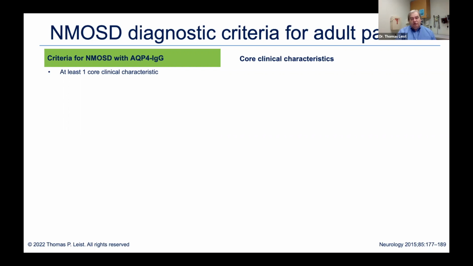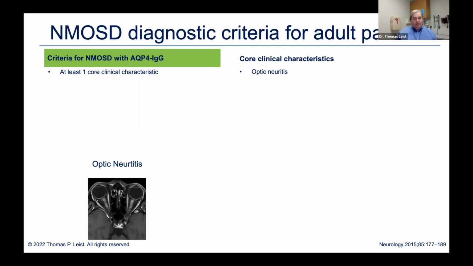As I already mentioned, but I want to show it to you in MRI pictures, the clinical core characteristics are optic neuritis, so when somebody loses vision because of inflammation in the optic nerve. And you see here an example. You see the two eyeballs, and right behind the two eyeballs, you see in the middle the inflamed optic nerves on both sides.